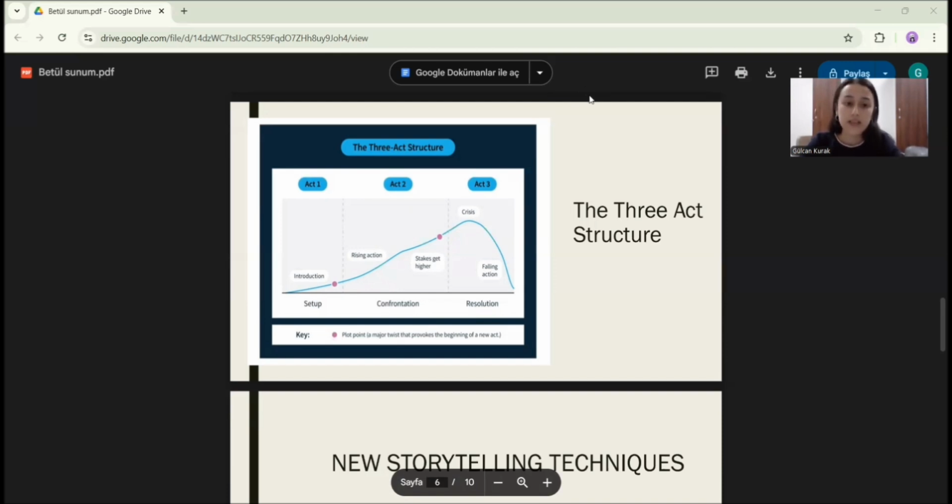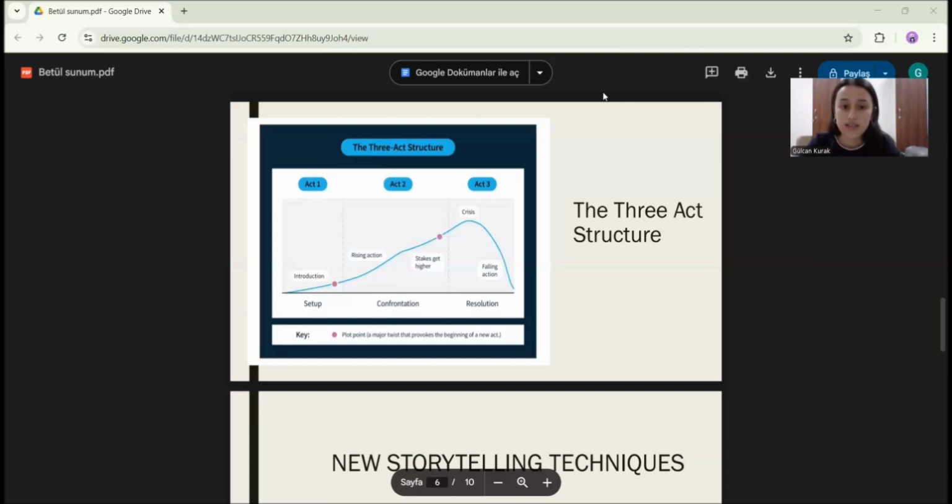And in the second act, Act 2, as you can see in this diagram, it is the longest part of the story, and it includes some challenges and difficulties. When we look at Act 3, we can say that it is a conclusion part of the story.